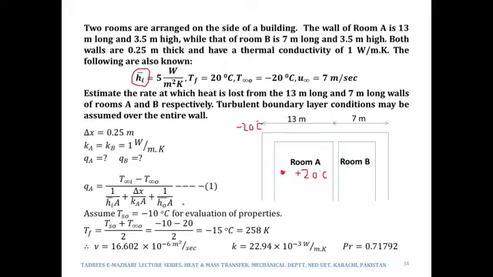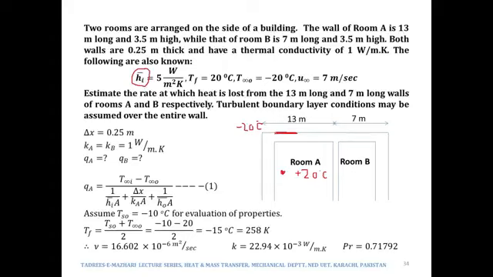But the thing is that if we write it as Q is equal to HA delta T, considering convection from this surface only, the problem is that we do not know the temperature of this surface. So we would then be having two unknowns, one H naught bar, and then the temperature of this surface itself.